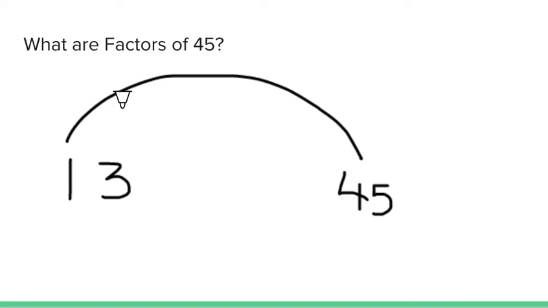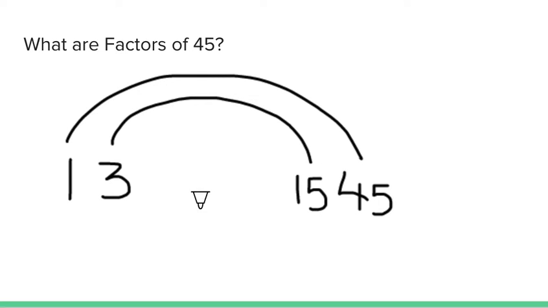If you don't know, you can use your calculator: take the number, in this case 45, and divide it by the number you are guessing is a factor. If you take 45 and divide it by 3, you'll see that it equals 15, which means that 3 times 15 gives us 45. So both 3 and 15 are in fact factors of 45.